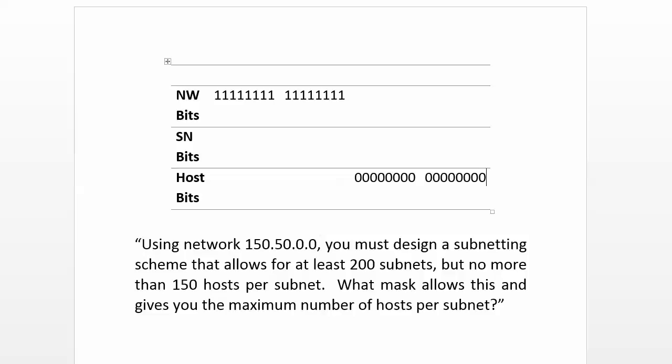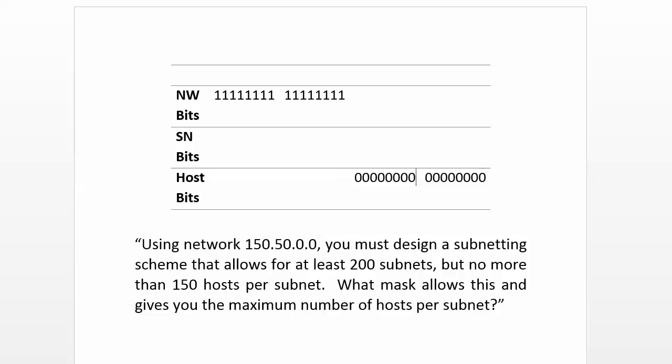And what I like to do with a question like this is start with the minimum number of bits that's going to meet my first requirement, which here is at least 200 subnets. So how many bits do I have to borrow to get at least 200 subnets? 2, 4, 8, 16, 32, 64, 128, 256. 8 of them. Because that's 2 to the 8th power, that gives us the number of valid subnets.